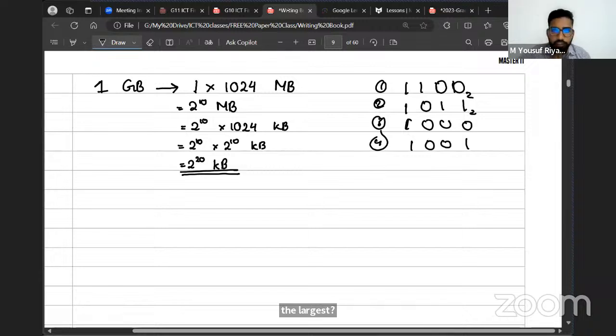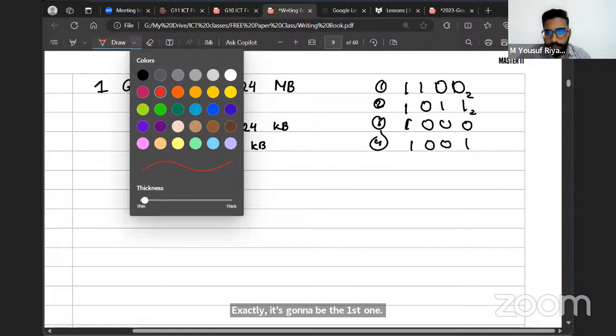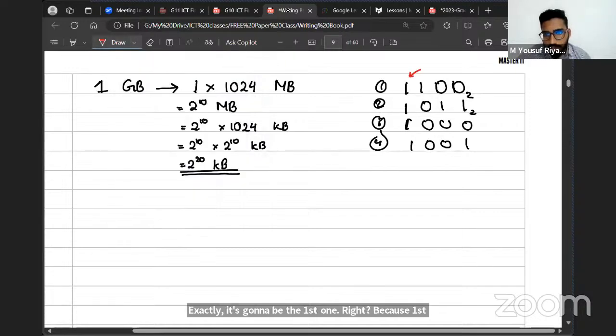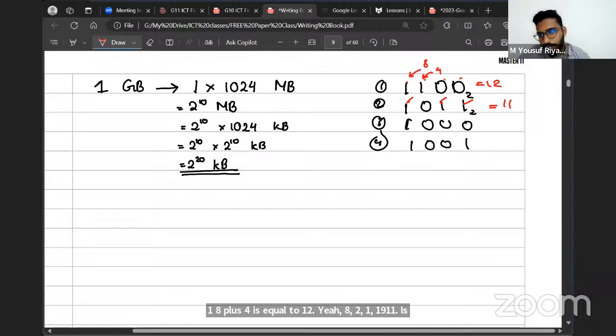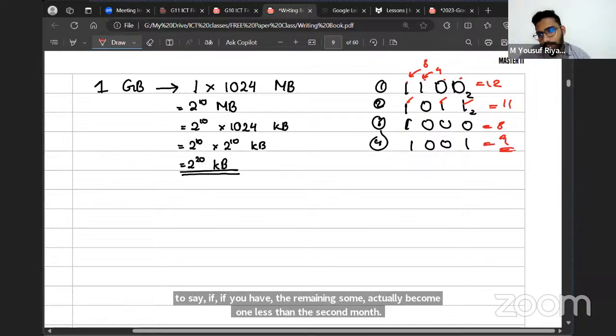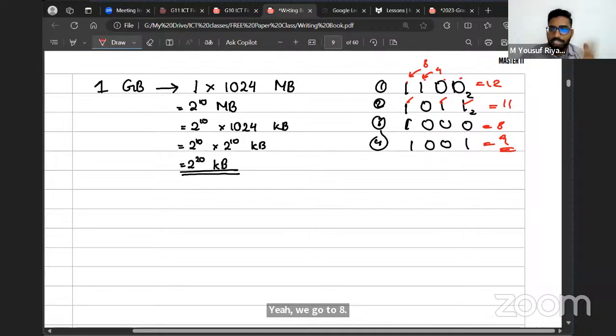Exactly, it's the first one. Because the first one has 8 plus 4, which is 12. Here, 8, 2, 1 gives 11. As I told you, if you take the remaining sum, it comes to one less than the next one. Here it's equal to 8, here it's equal to 9. If you do the conversion, you know it. So that's the easy way to find the largest one.